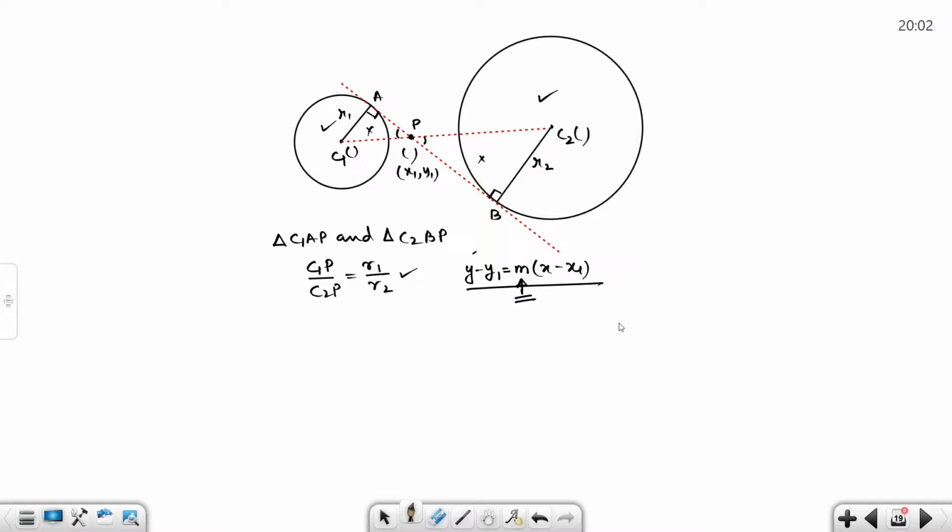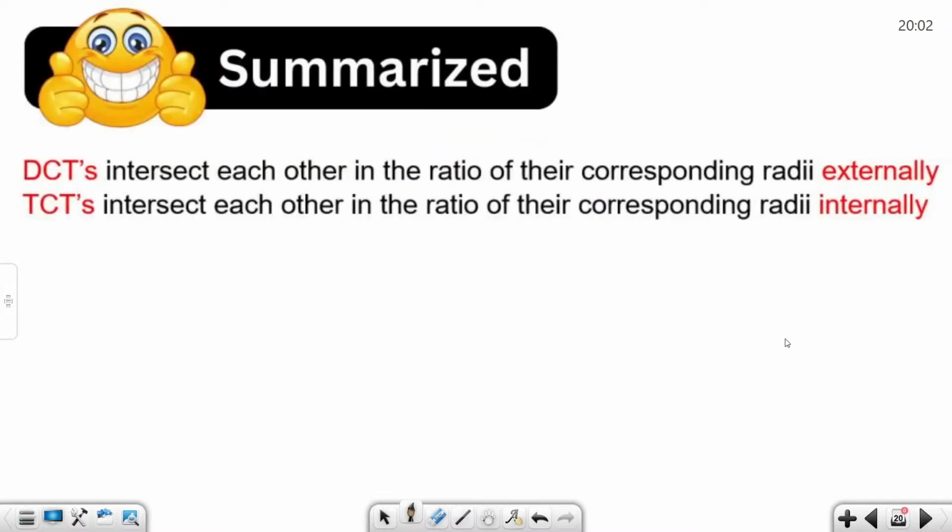So the main thing that we have learned, I have summarized here: DCT, that is direct common tangents, intersect each other in the ratio of their corresponding radii externally. That is, point P is dividing the line joining the two centers of the circles externally.